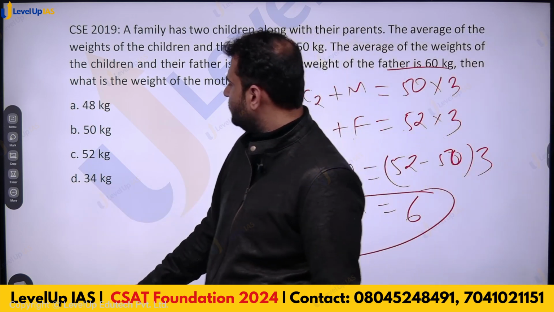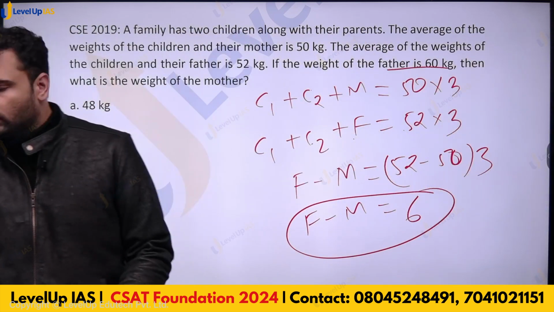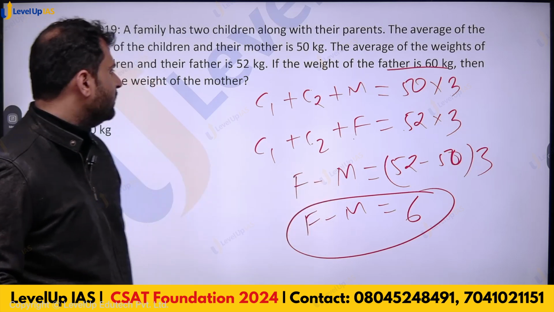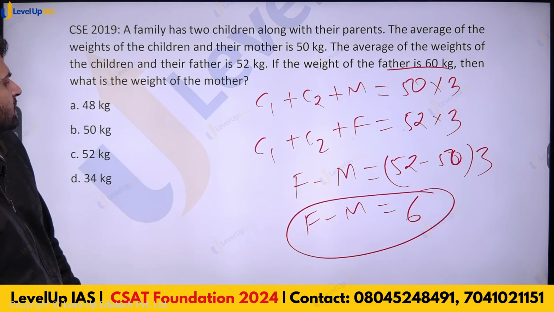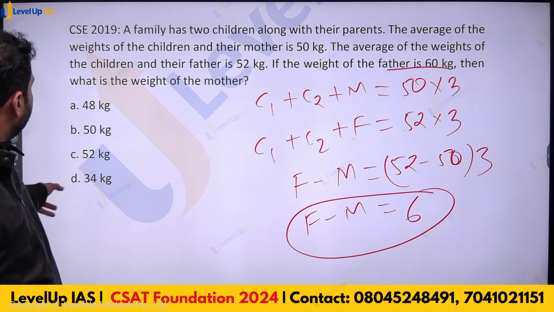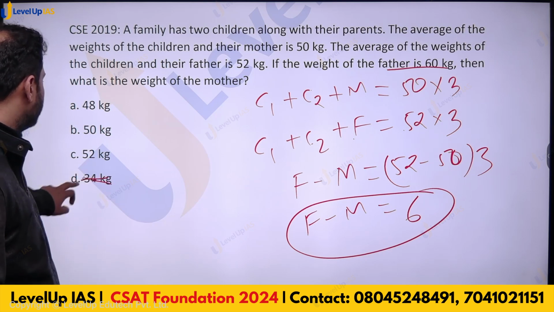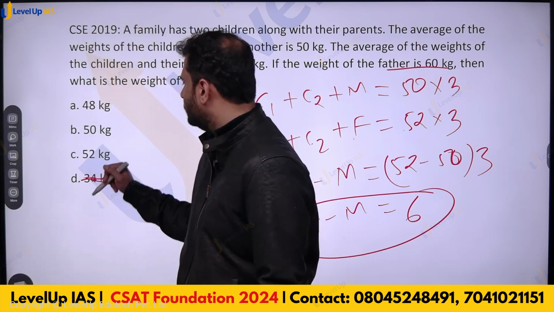I think the last option should be 54. There is a typo. The answer should be 60 minus 6, which is 54. This is a typo. I think the last option here is 54.